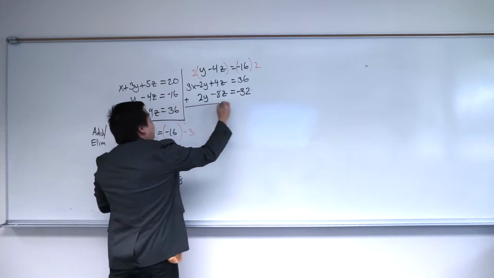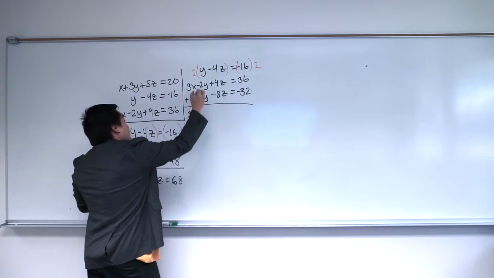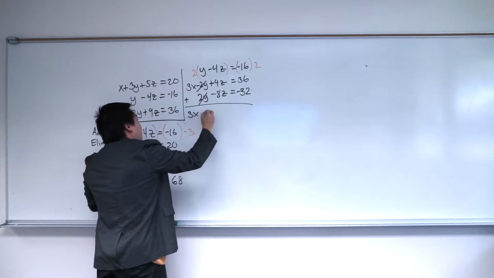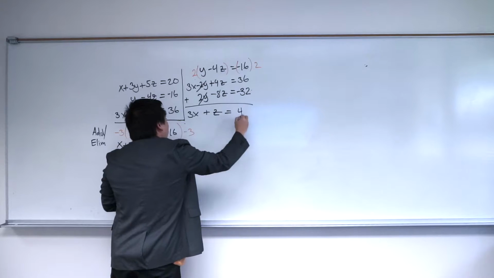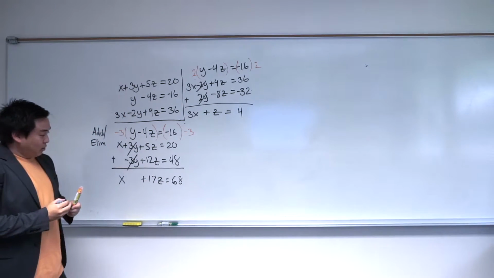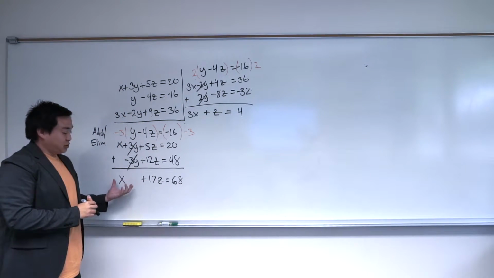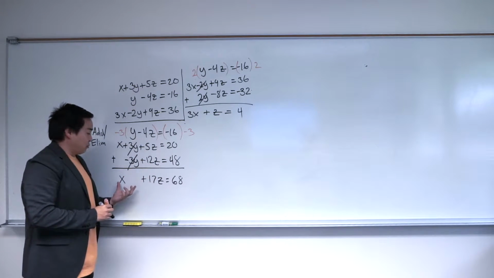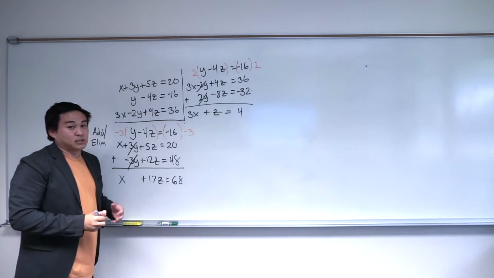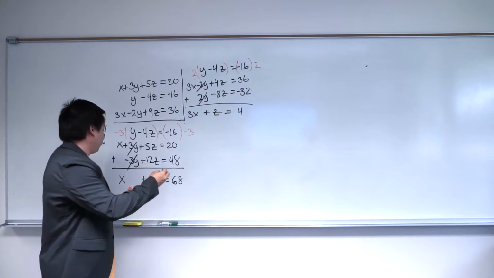Again, add straight down. 3x, these cancel, plus z is equal to 4. So again, notice what we get is 2 equations, both with the variables x and z, so it's a 2 by 2 system. Again, what we did in the previous video.